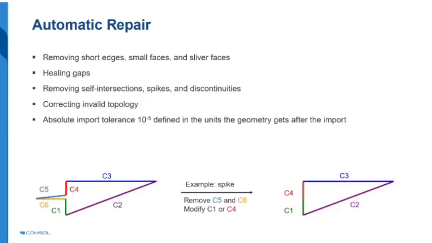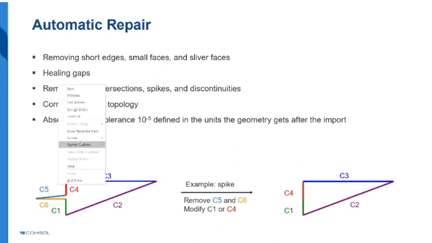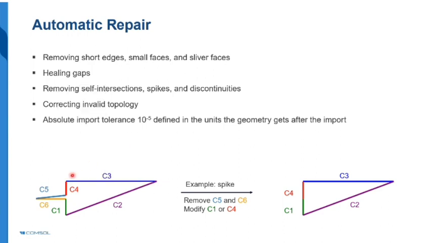The automatic repair, as I was mentioning, is dependent upon the absolute repair tolerance that you are providing. With that, it will remove short edges, small faces, or sliver faces. For example, this is the geometric object that you are importing in COMSOL, and let's say this is the spike that you have.